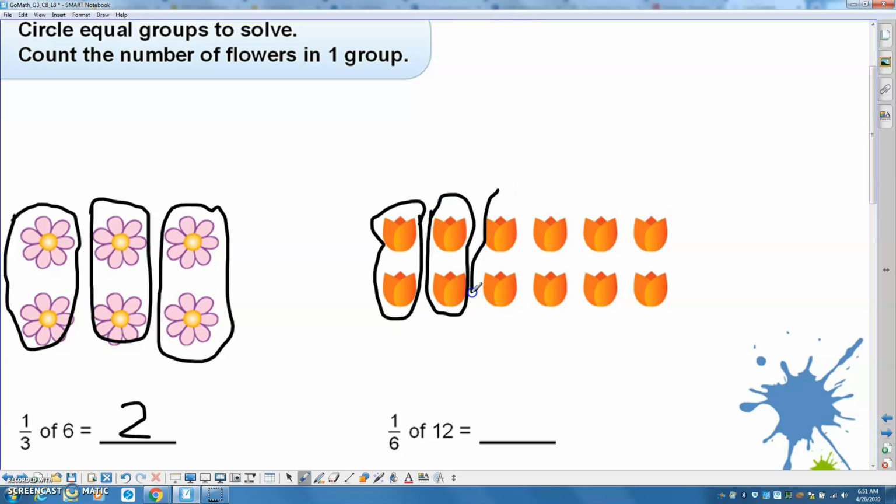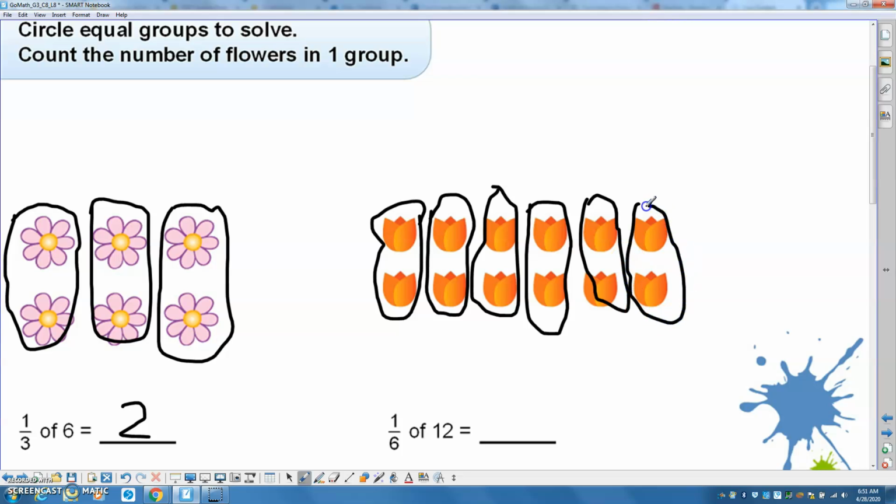Okay, there's 1, 2, 3, 4, 5, and 6. They all have the same number of tulips in each group, and there are 6 groups. If I look at one of those groups, I can see that 1/6 of 12 would be 2.